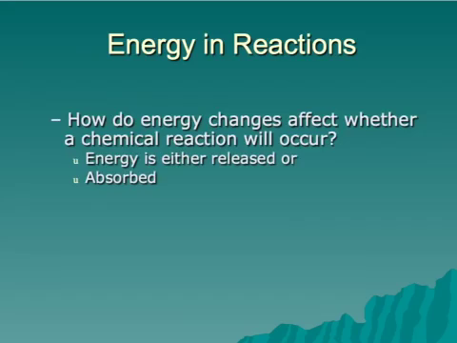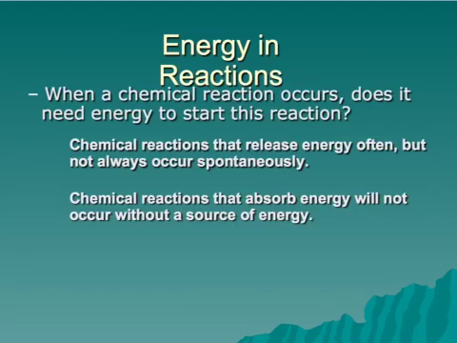In order for that chemical reaction to begin, you either need to add energy or have energy released from the reaction. Some chemical reactions can happen spontaneously, like the baking soda and vinegar, or sometimes chemical reactions need energy to be put in, like starting the match, in order to start the reaction.